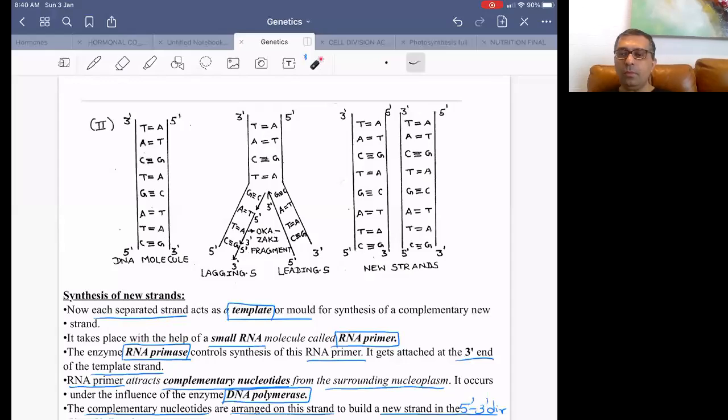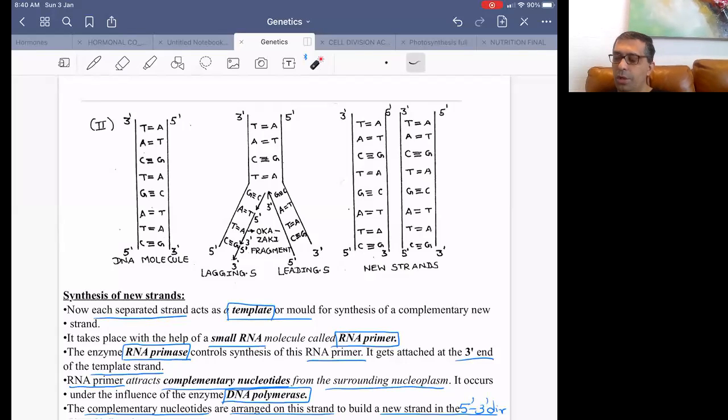This looks like an inverted Y. Here it is still coiled, and here the hydrogen bonds have broken. So the two DNA strands which were coiled will now uncoil, and this will look like an inverted Y, which is called the replication fork. What is that called? The replication fork. Let us see it.